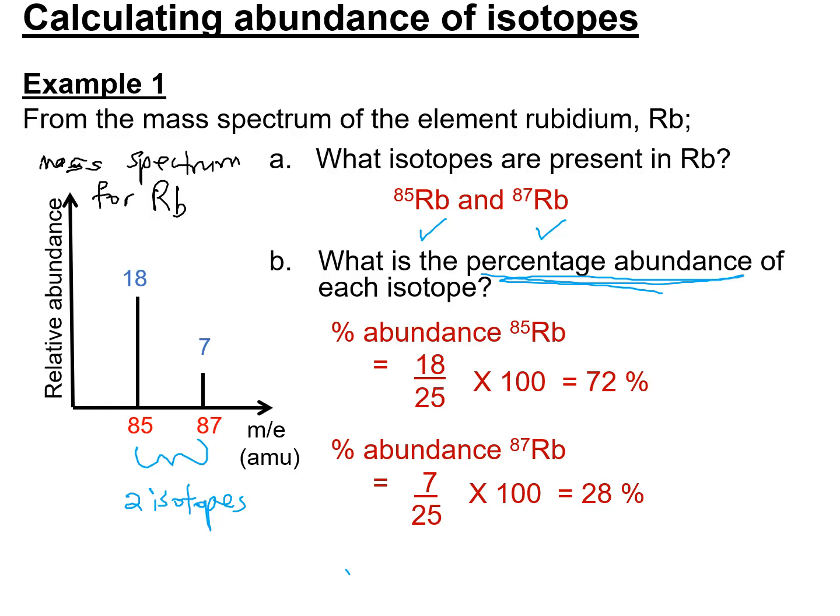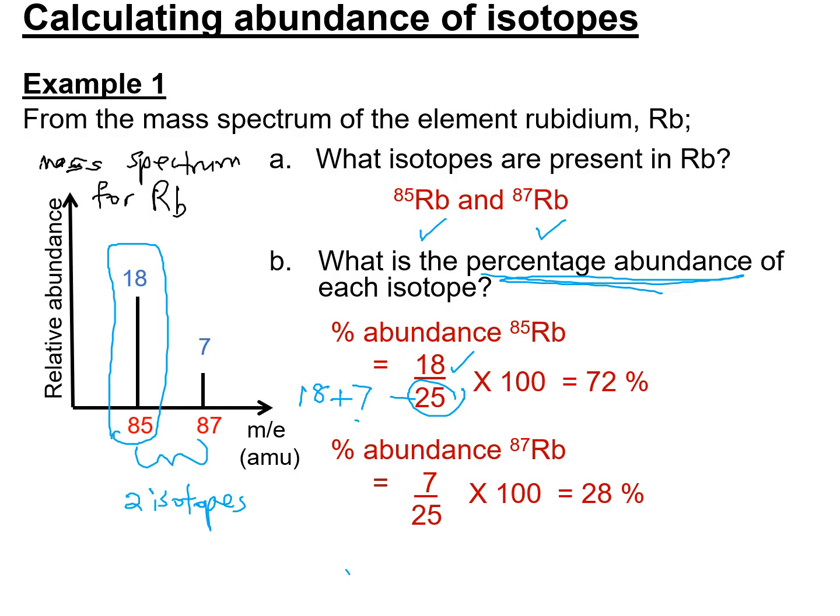So kalau you nak kira percentage abundance of 85 Rb, you tengok dekat line 85 Rb ni, dia punya relative abundance dia 18. 25 ni dapat daripada mana? 25 ni you dapat from 18 pluskan dengan 7.